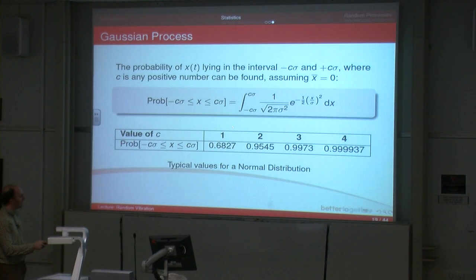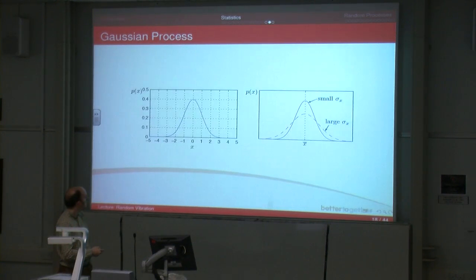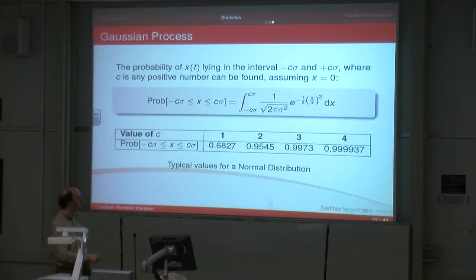Within 1 standard deviation of the mean, 68% of your values are going to be within that. Within 2 standard deviations of the mean, 95% of your values will be within that area. So 1 is 68%, 2 is 95%, 3 you're up to 99.73%, and 4 standard deviations means you're almost at 100%.